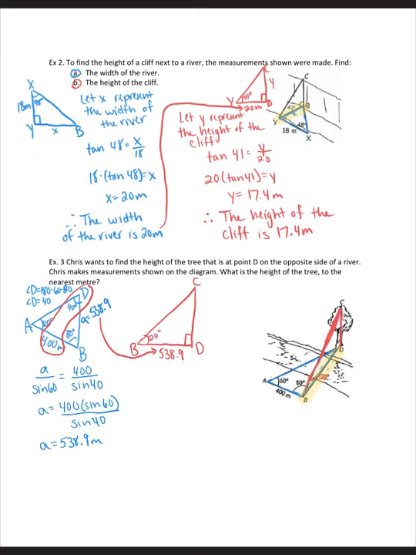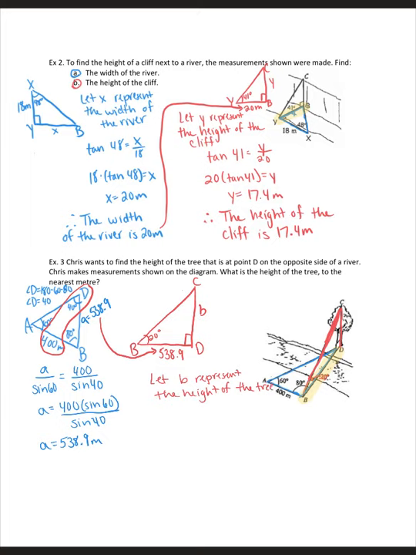And we need to find the height of that tree. So let's call the height of the tree, we'll just stay consistent here, we'll give it a little b because it's across from angle B. So let b represent the height of the tree.